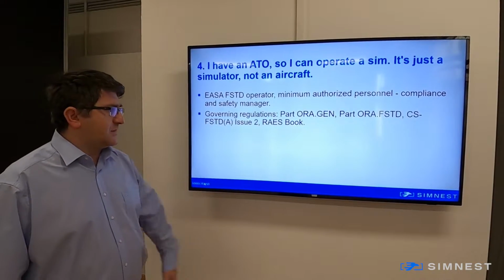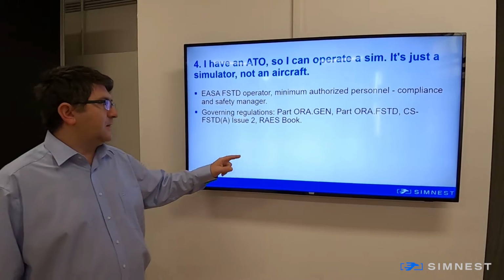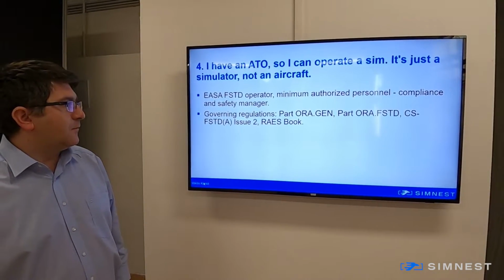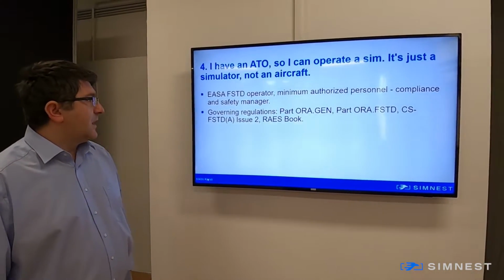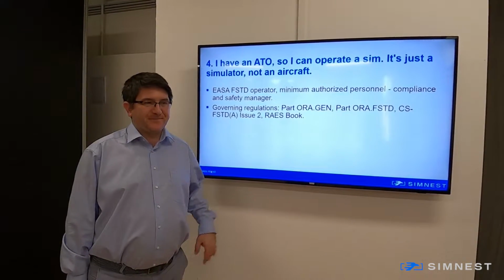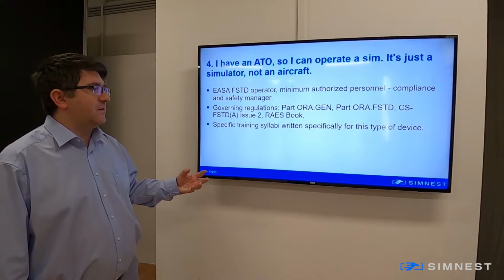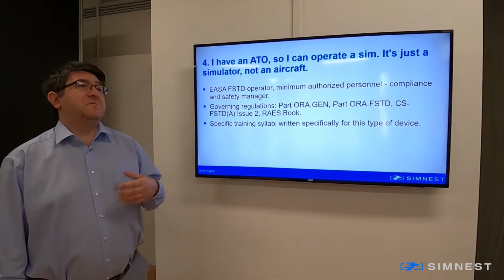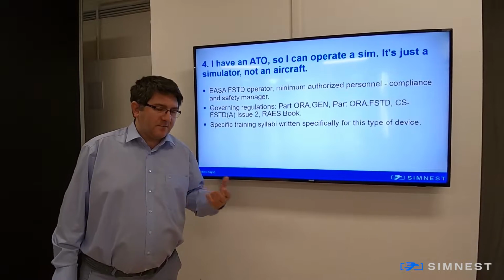You have some regulations, Part-ORA, Part-FSTD, CS-FSTD, and a good reference is the Royal Aeronautical Society book to check what you need for this. It's quite a heavy thing, and you have to have a training syllabus written specifically for this type of device. You cannot just take a syllabus and implement it on the sim.